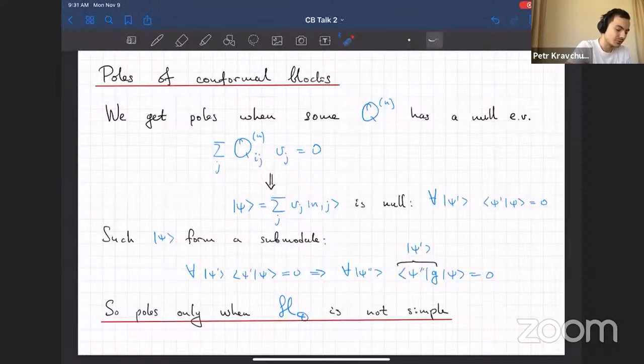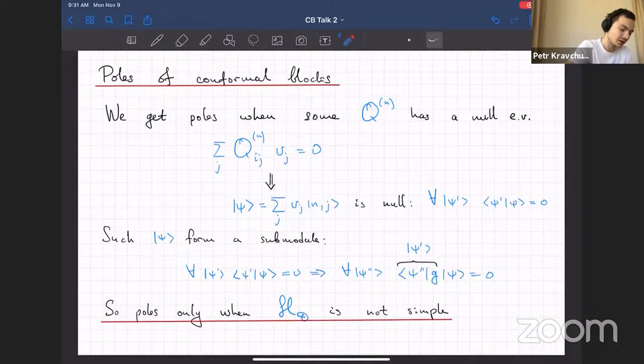So what this means is that we have a non-trivial submodule, and this submodule is proper because the highest weight state is obviously not null. The states at level 0 never have vanishing norm because there is no computation to do. It's just conventionally normalized to have norm 1.